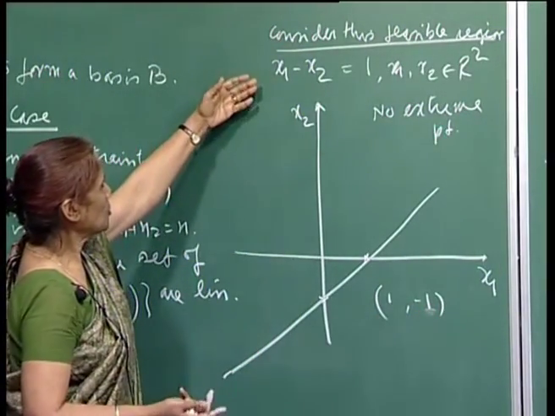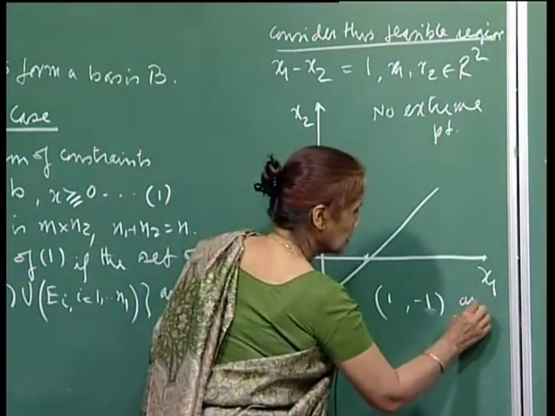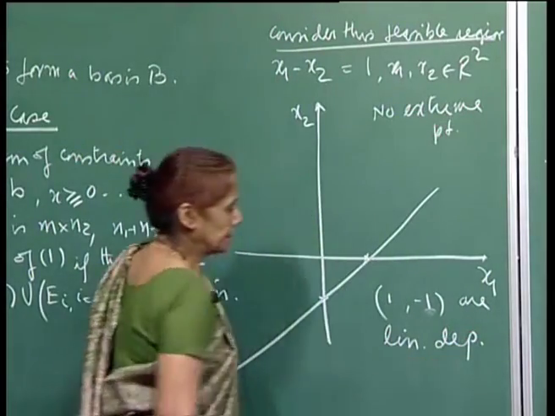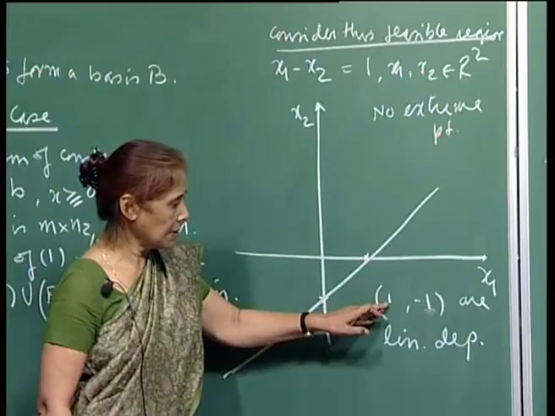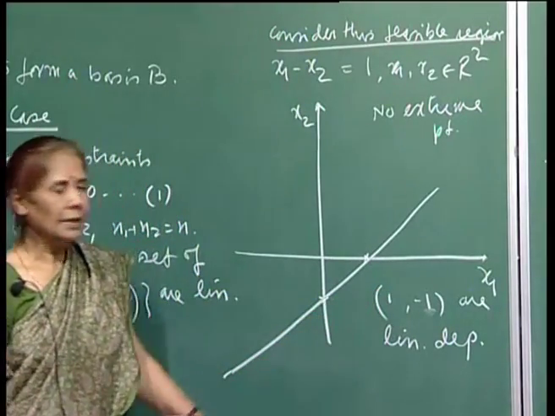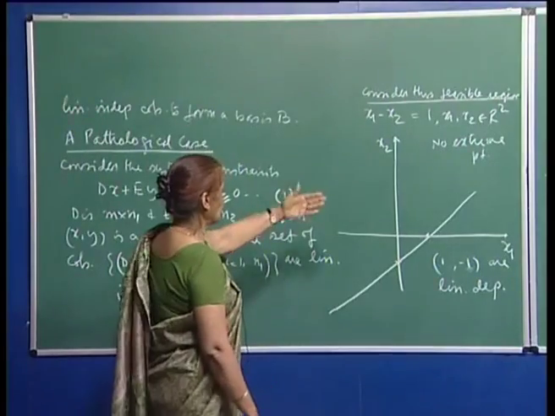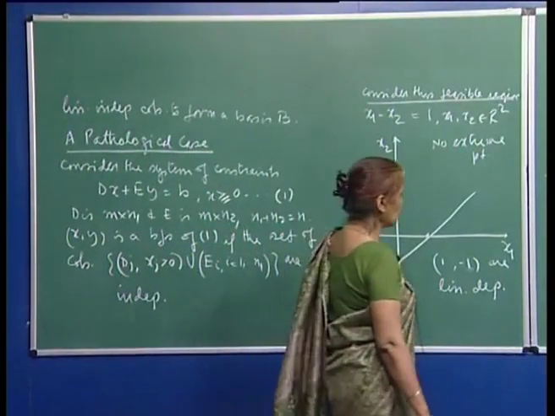It is one-dimensional, so m is 1, and these two columns are linearly dependent, because one can be written as minus times the other. Therefore, there is no extreme point to this feasible region, as can be verified by the definition also.